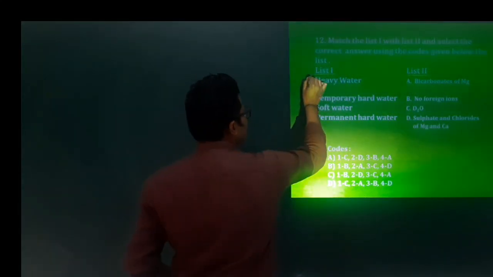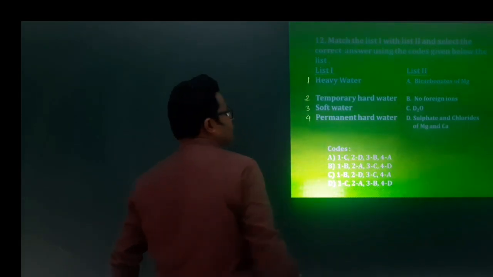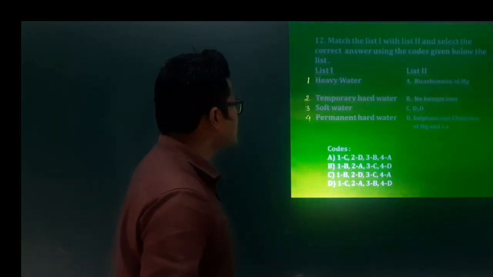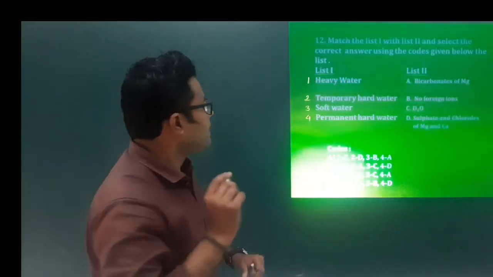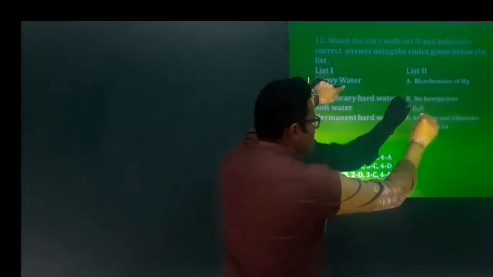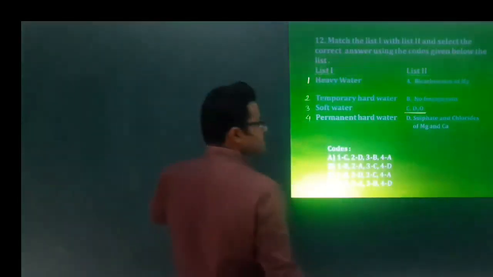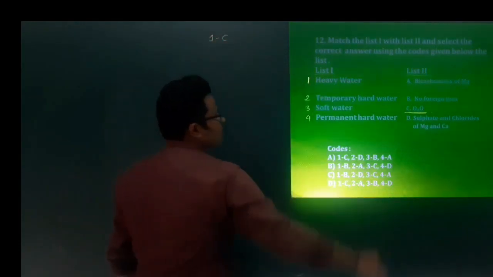Heavy water is 1, temporary hard water is 2, soft water is 3, permanent hard water is 4. Now, if you observe, heavy water is nothing more than C, that is D2O. So I will say 1C.